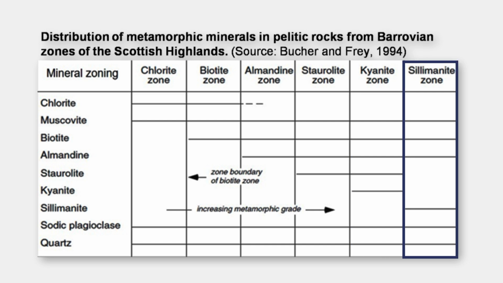In sillimanite zone, there is no chlorite, but you have muscovite, biotite, almandine. There is no staurolite and no kyanite in sillimanite zone, but sillimanite is there. Apart from this, we have sodic plagioclase and quartz.